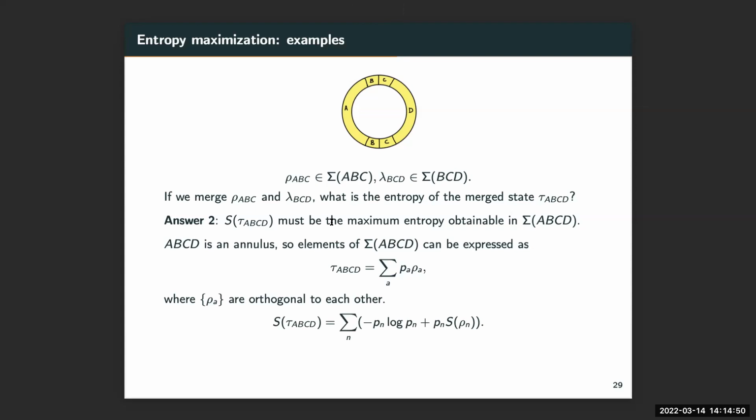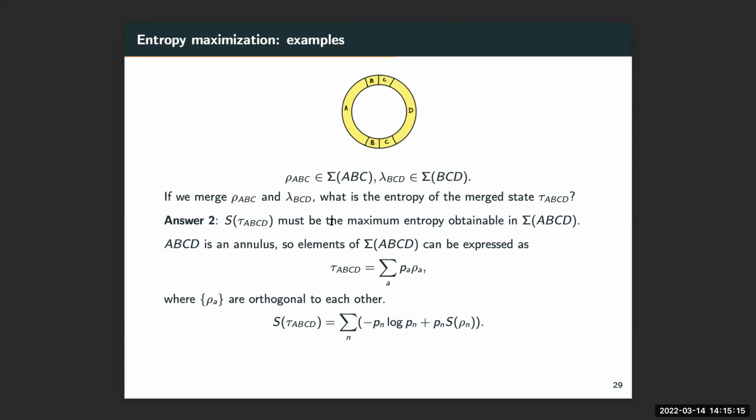There's an entropy contribution coming from this p of a, and then you have the average entropy contribution over these individual extreme points. And the only variable here is this probability distribution p of a. If you look at this formula, the first part looks like the entropy of some StatMech model, and the second part looks like the energy of some StatMech model.